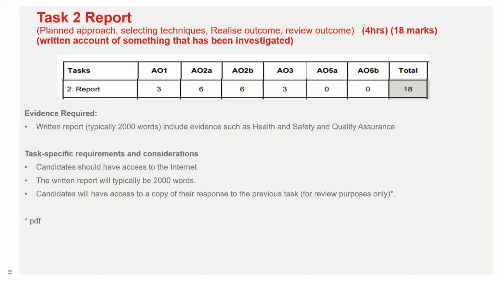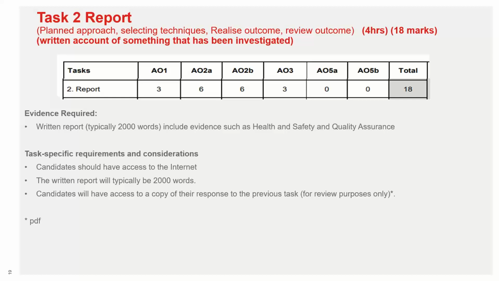So if we look at that, it's about 4 sides of A4 paper, font size 12, single spacing, and that has to include evidence such as the health and safety and quality assurance, which will be in the brief. Now, learners will have 4 hours to complete this task, and it covers 18 marks in total.